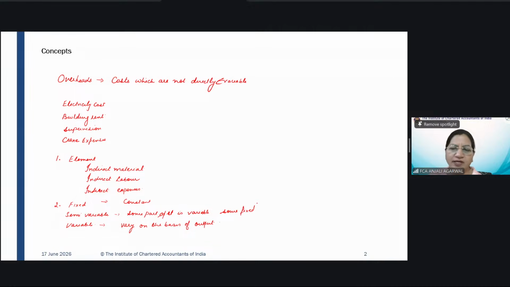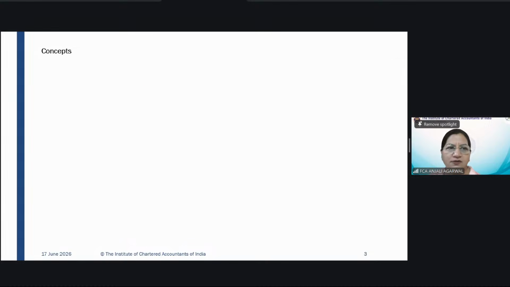Another way of classifying is whether the overheads are controllable or non-controllable. So let's discuss how we treat the overheads. Number one, we may allocate the overheads.